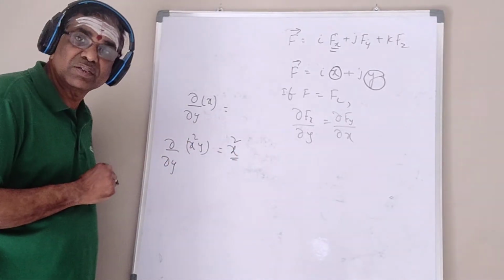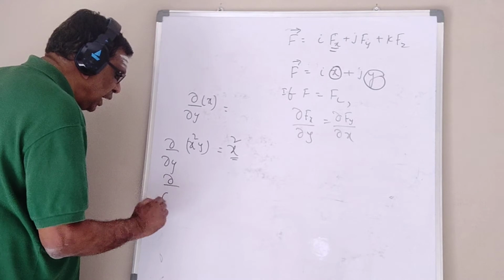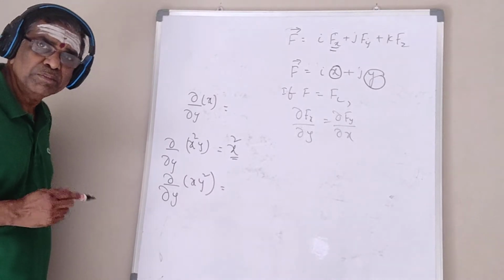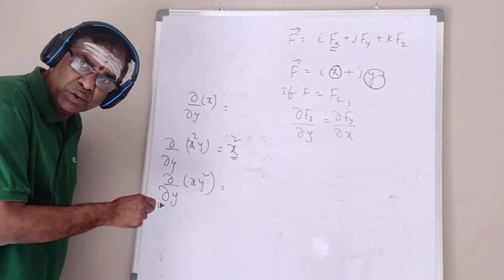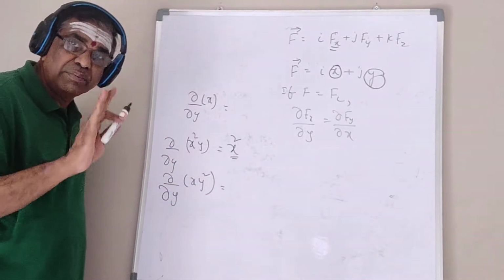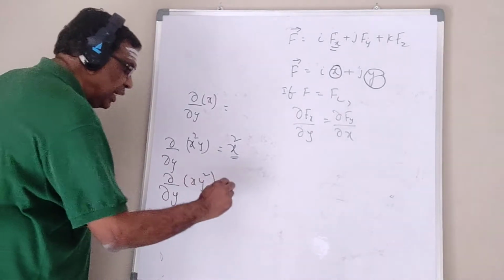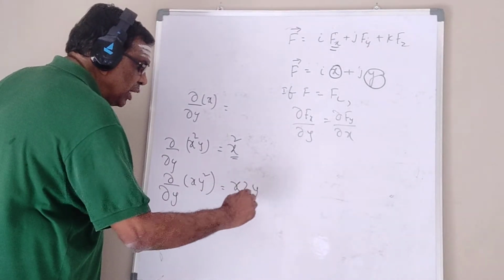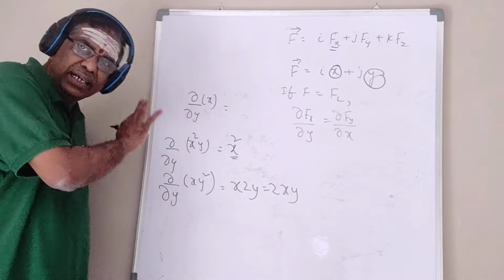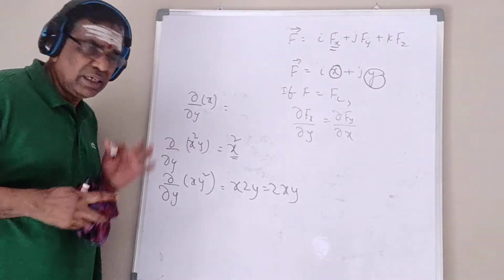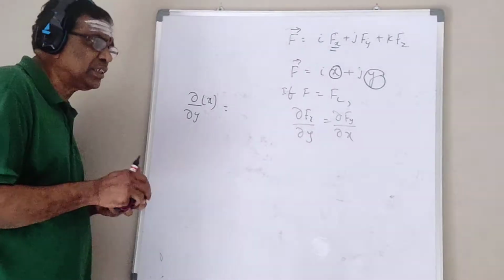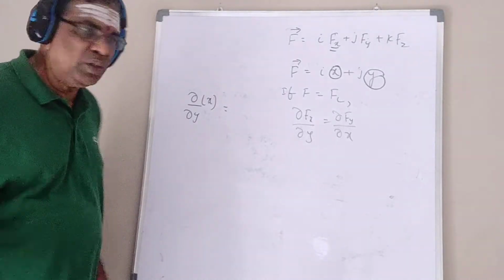So, the answer is x squared. Suppose I say dou y of x y squared. What will be the answer? Partial derivative with respect to y. Only y is to be differentiated, the other parameters are kept constant. So x is constant, x as it is, y squared gives 2y. That is 2xy is the answer. So differentiate with y, all others you keep as constant. Okay? Got the point? It is not only with respect to y, with respect to x you do the same thing, with respect to z you do the same thing.